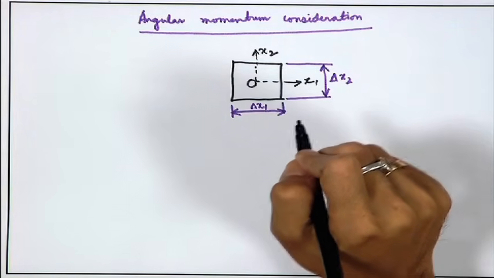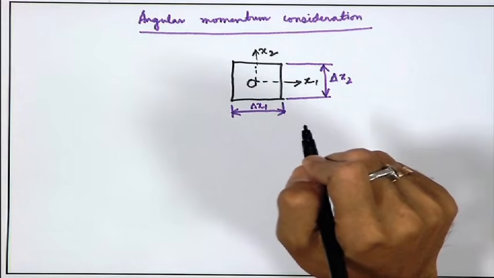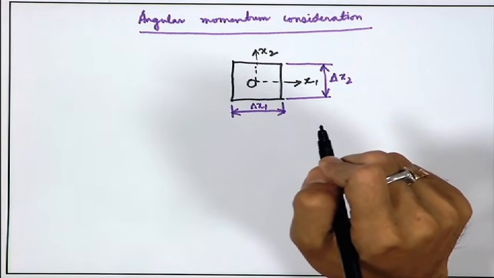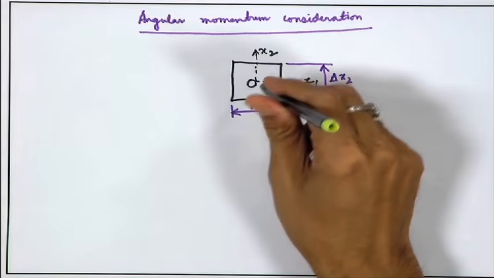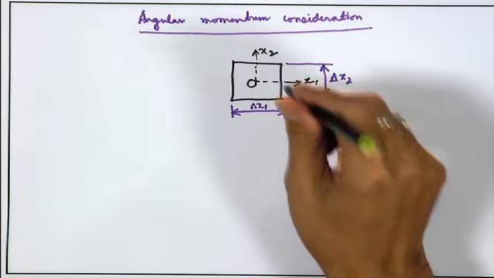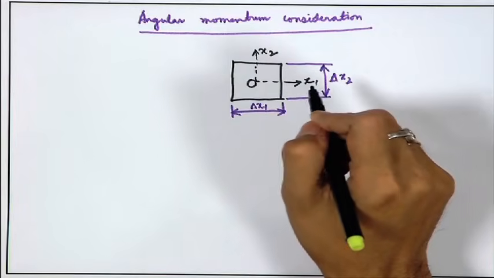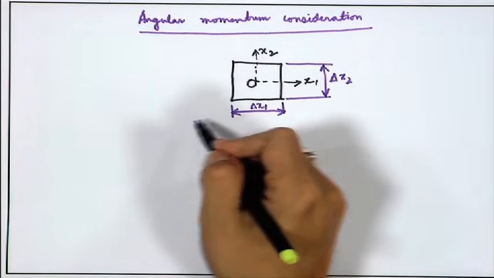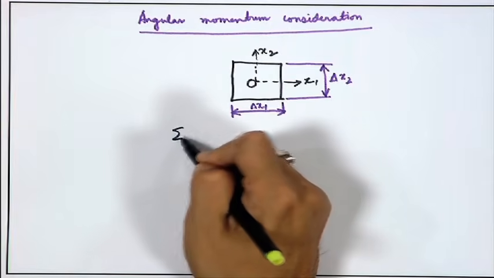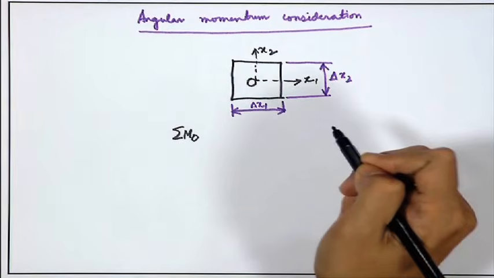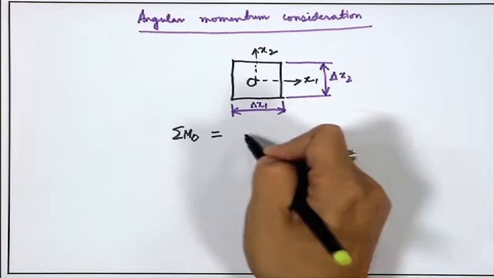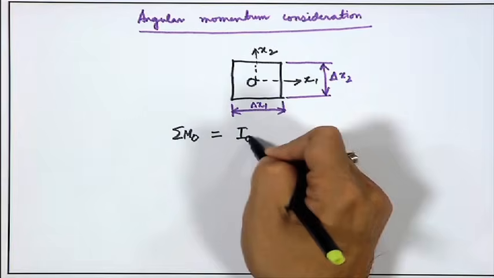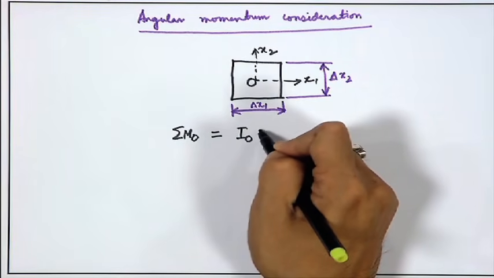Now, we are interested to have an equation for rotation with respect to x3 axis, an axis that passes through O. So, for rotational motion we can write resultant moment of all forces with respect to an axis which is normal to this plane and passing through O is equal to the moment of inertia with respect to the same axis times the angular acceleration.